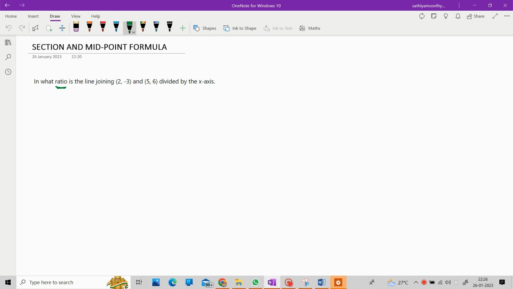Now you can see this is the x-axis and y-axis. This is my x-axis. This is my y-axis. Now 2, minus 3.